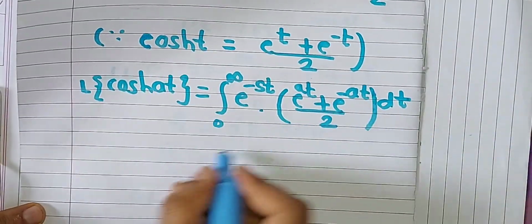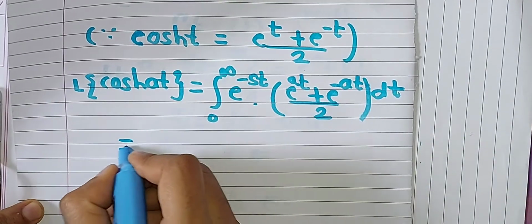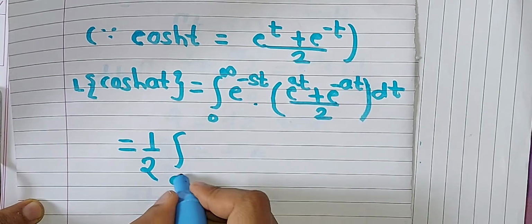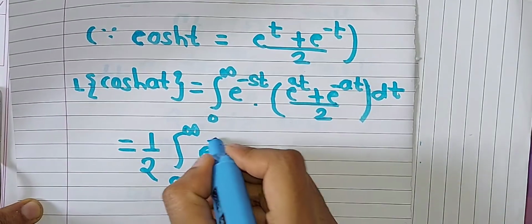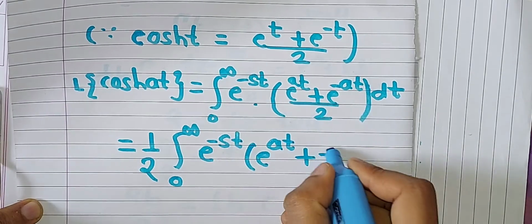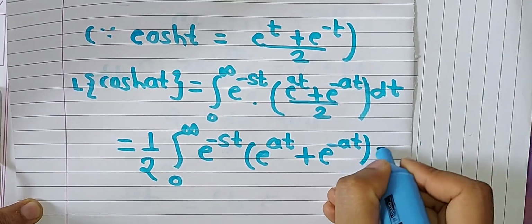To solve this integration, take the constant term outside the bracket, that is 1 by 2 into the integration from 0 to infinity of e raised to minus st into the bracket e raised to at plus e raised to minus at, into dt.